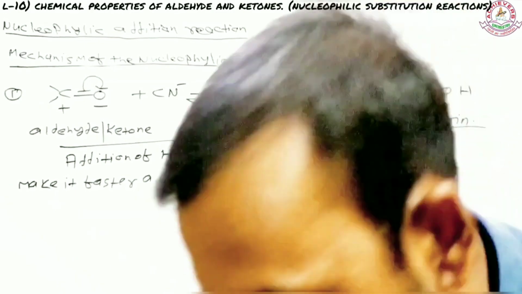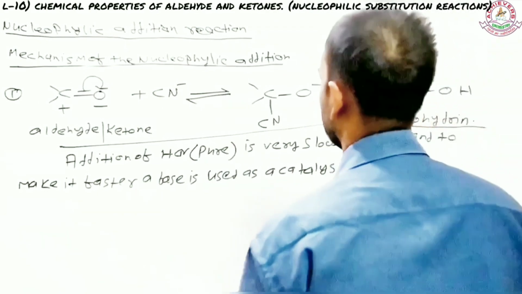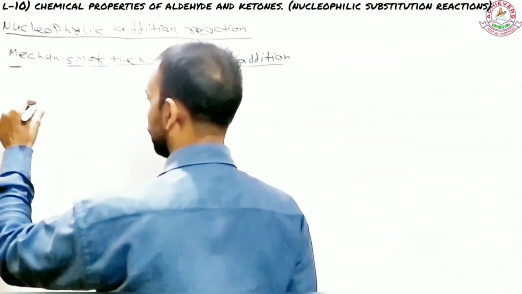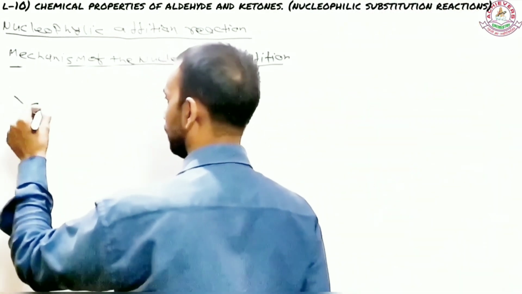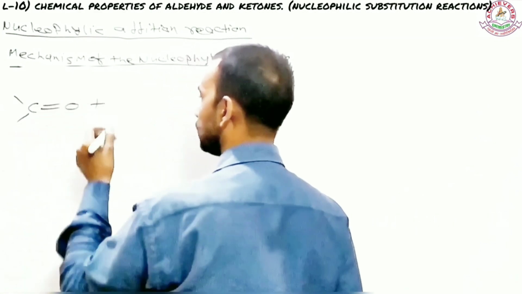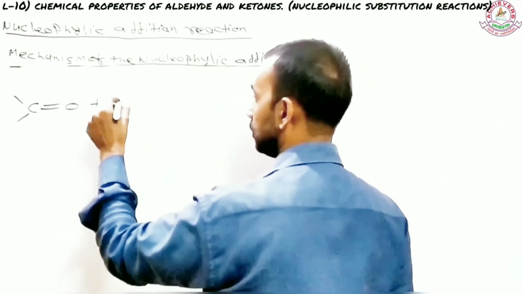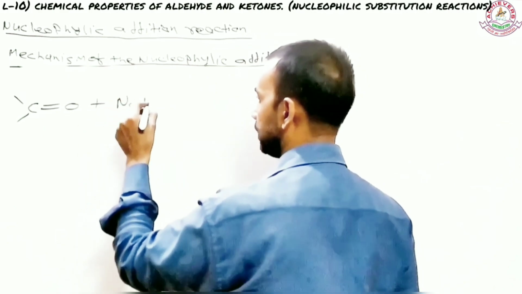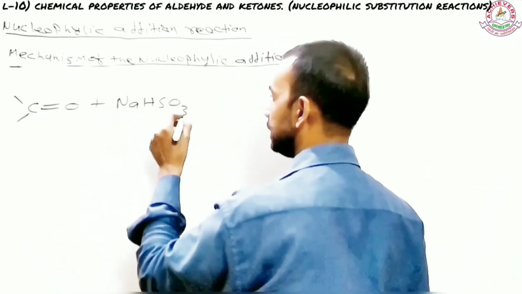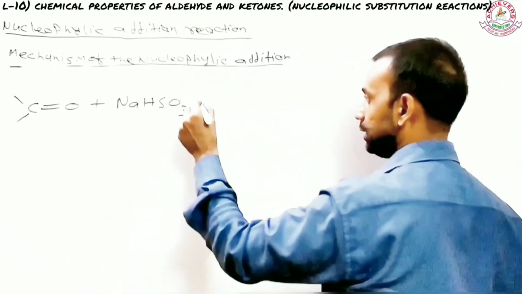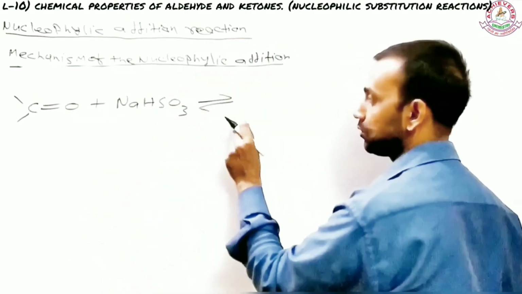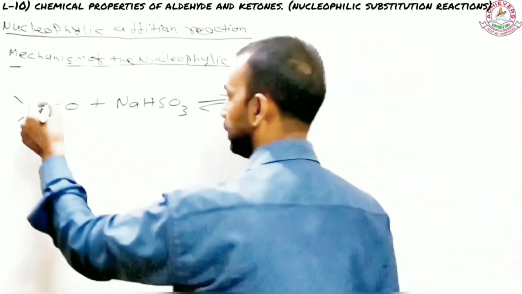Let's talk about the second example. What next is that when aldehydes or ketones react with sodium hydrogen sulfite, NaHSO3, this is also a similar reaction, and it's reversible. What happens when you break the bond?